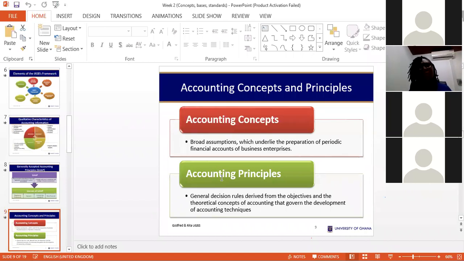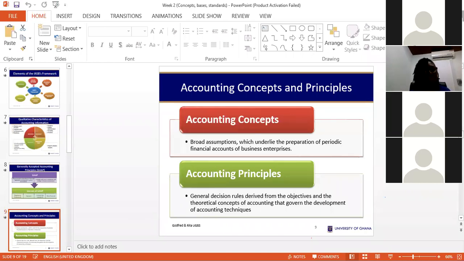This transaction, what challenge does it bring? And once they are able to arrive at consensus, that becomes a general rule based on the objective of what we want to do with the accounting and the development of accounting techniques. So those are accounting principles.